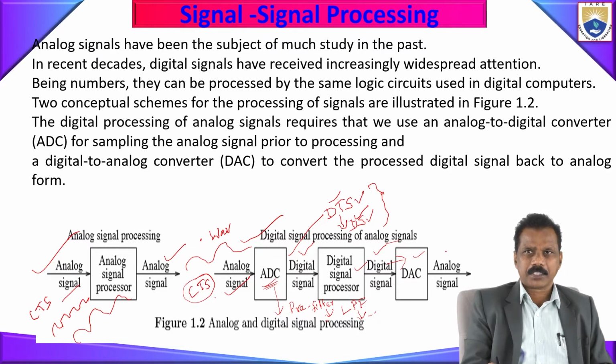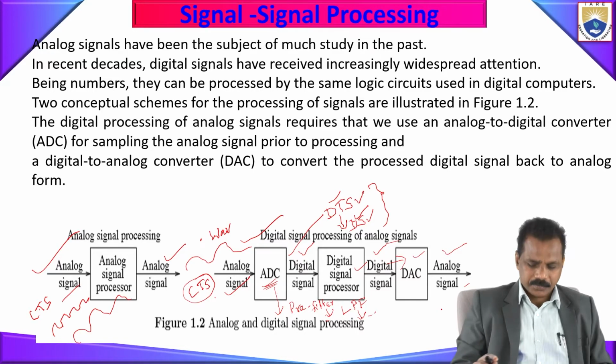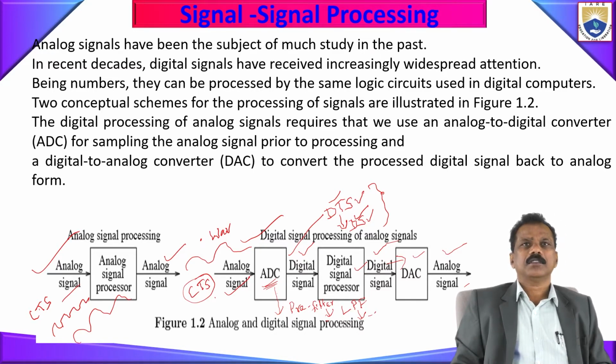That's why we expect the output response to be an analog signal. So the digital processing of an analog signal requires that we use an analog to digital converter for sampling the analog signal prior to the processing, and a digital to analog converter to convert the processed signal back to the analog form.